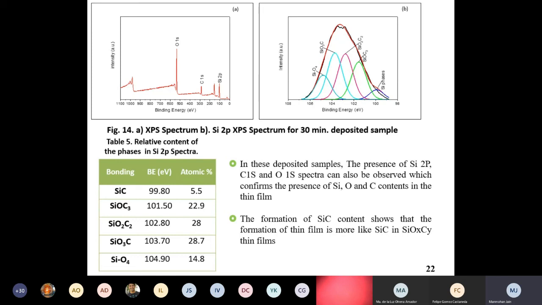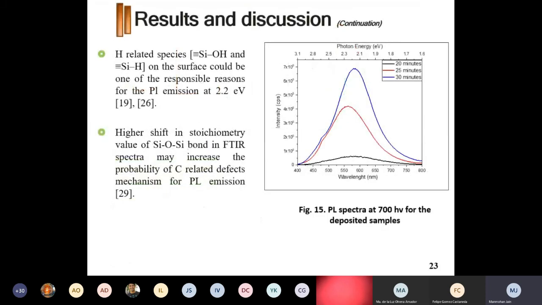And in the table, we get silicon carbide related bondings also, which confirms our previous theory in which we discussed that MMS gives more silicon carbide related bondings and the properties of silicon oxycarbide thin films.